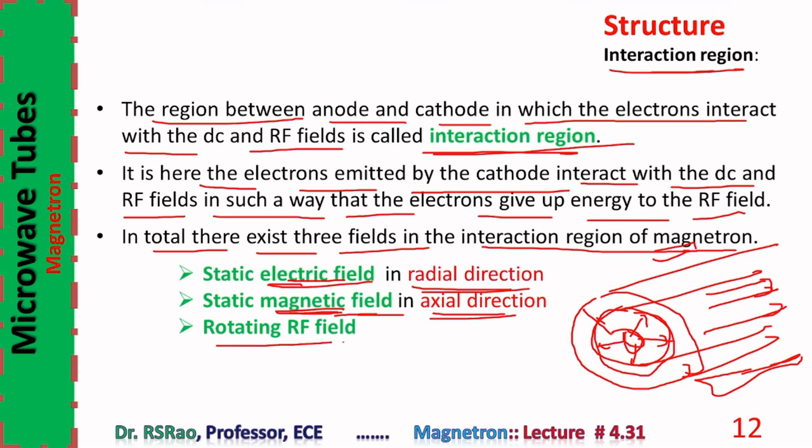And rotating RF field. What is the source of RF field? See, in the interaction region, there exists noise. Noise exists everywhere. It exists in the interaction space also. Noise can be considered as a combination of several frequency components, huge number of frequency components with amplitudes almost nil or very small amplitudes.